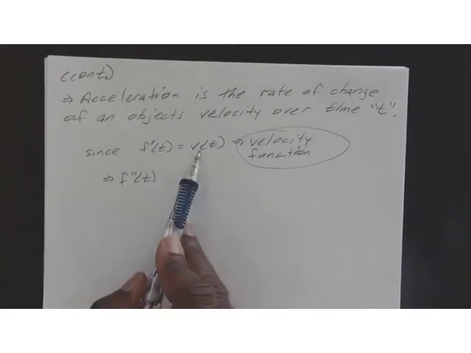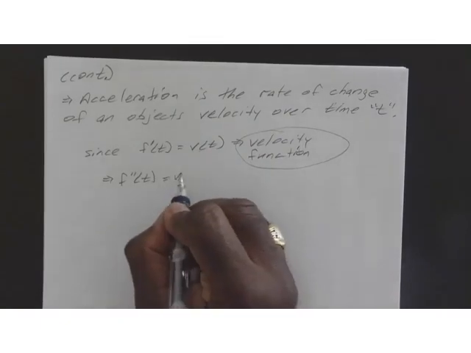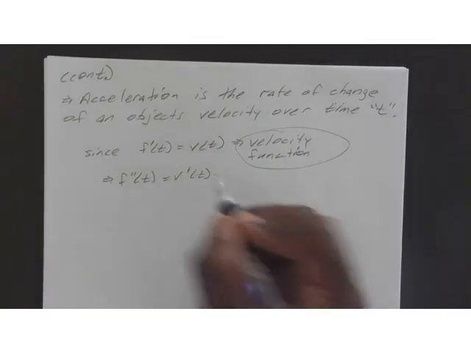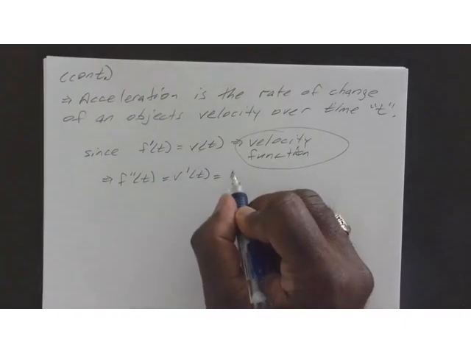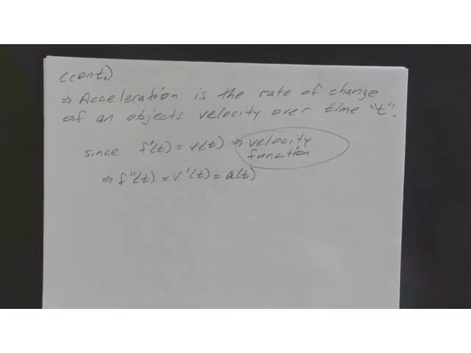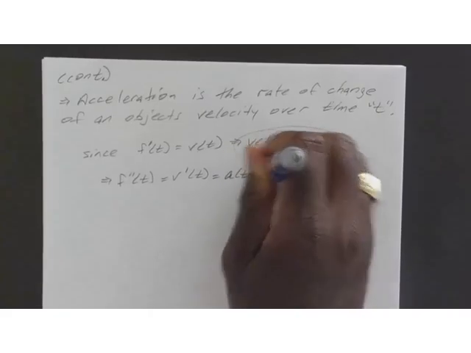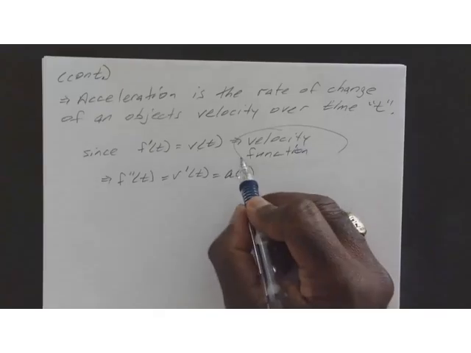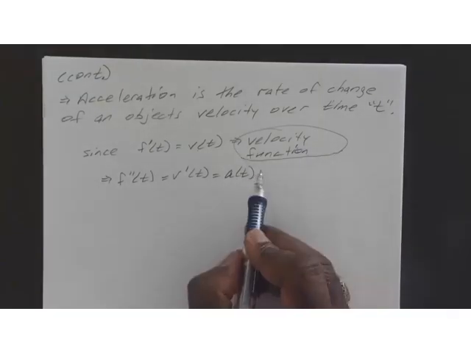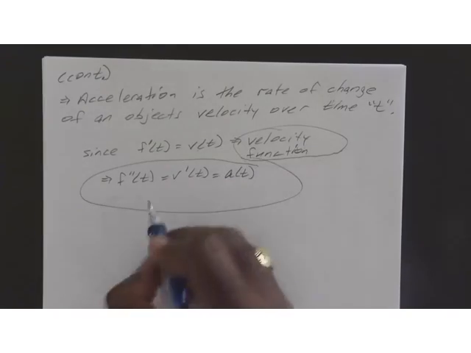Which is also the first derivative of v of t. So in some cases, you'll see that denoted as a of t. And this is called your acceleration function.